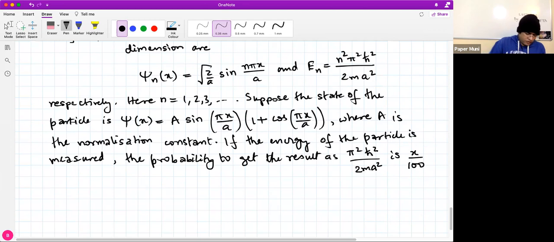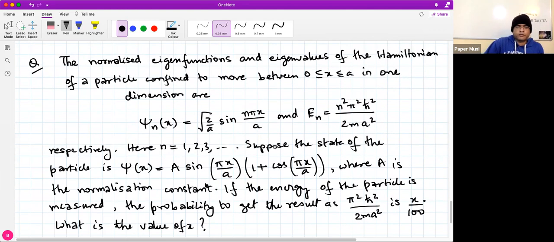So what is the value of x? This is a problem from 2018.